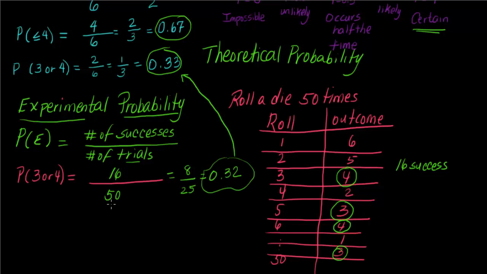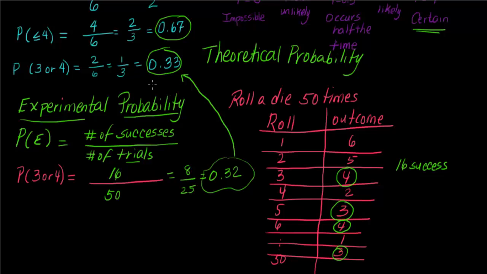So let's say you conducted the experiment 50 times, the trials, and this was not close at all. It was way off. The more times you keep rolling that die and finding your successes, the closer it will get to 0.33, okay?